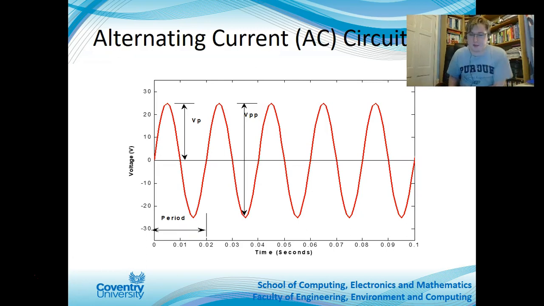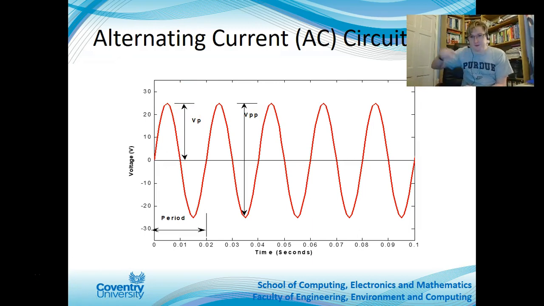Here is a picture of an AC waveform. Everyone's probably seen one of these before from A levels or even GCSEs. Here we have the 0 point, and it oscillates around this 0 point. The distance from the 0 point to this peak is called the peak value, basically the amplitude of your waveform.